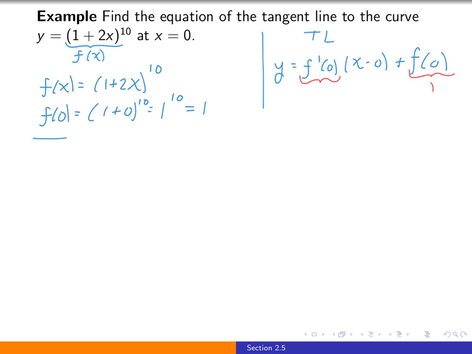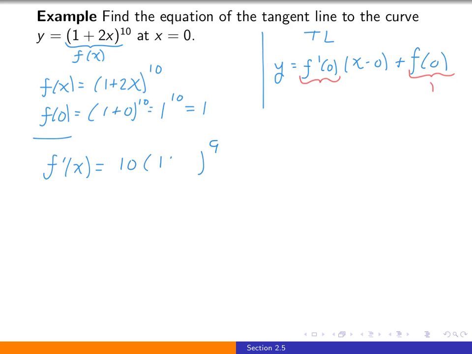The next thing we have to do is differentiate. Now, notice the function that we need to differentiate, 1 plus 2x raised to the power 10. This is something that we can very conveniently differentiate via the chain rule. We take the derivative of the outside function, so that is the 10 comes down front, the new power is a 9.